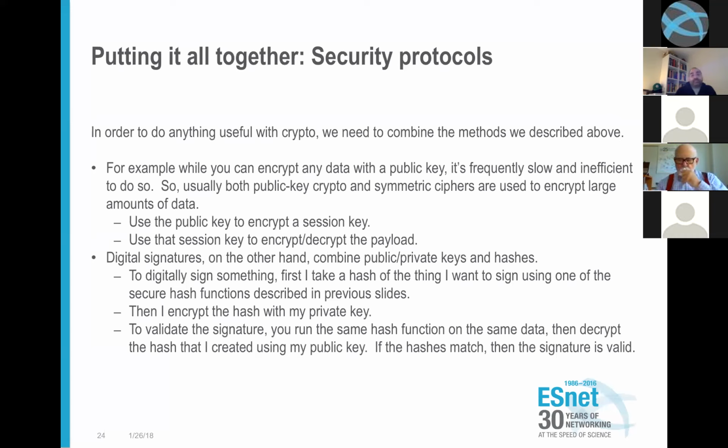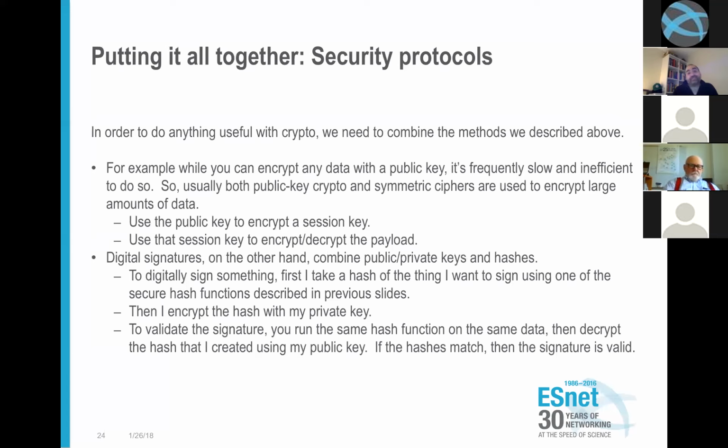Then when Jim decrypts it, he uses his private key to decrypt the session key, and then he uses the session key with a regular symmetric cipher to decrypt the whole blob of data. This is exactly how PGP works. PGP basically works by using a public key to encrypt a symmetric key, and then using a symmetric cipher to encrypt the entire blob of data. And that includes even if you're just sending a short email, it still works that way.